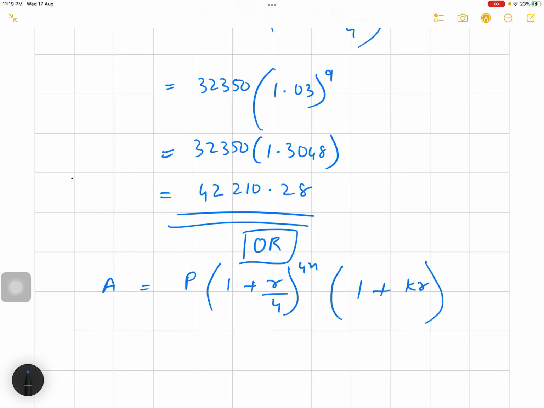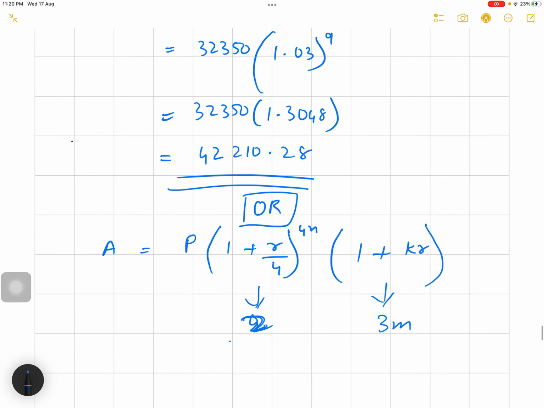You will not divide by 4 in the second bracket, because in 3 months interest is calculated only once. This bracket is for 2 years and this bracket is for 3 months.